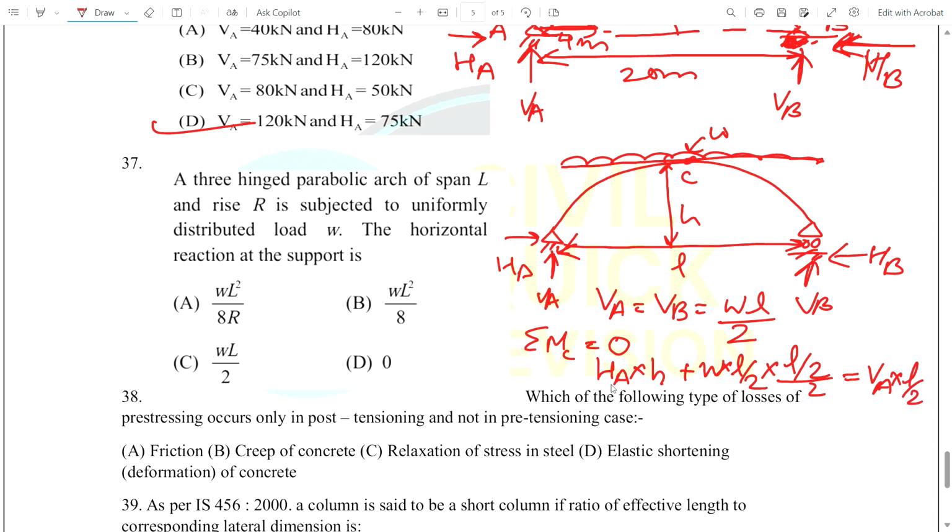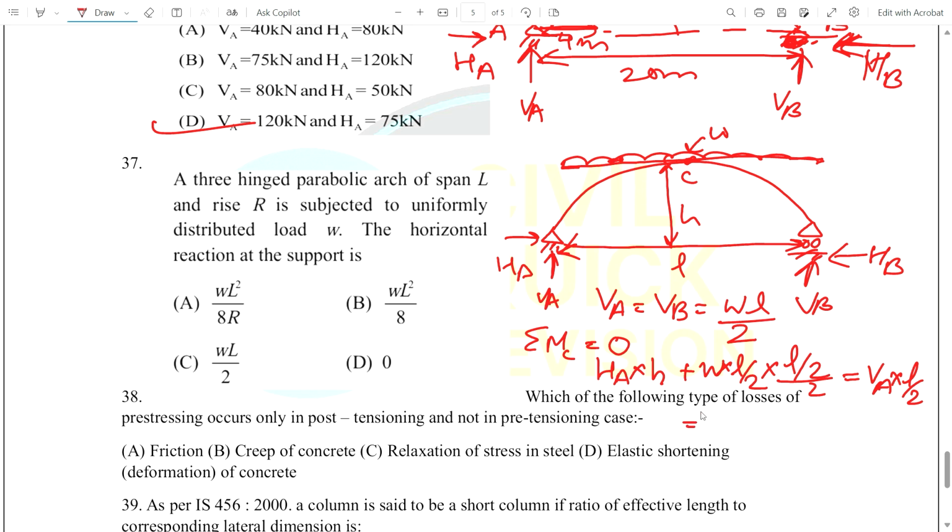Here we have taken HA into the height up to point C, then we take the UDL, W into L by 2, the half distance, and again half of that, because the concentrated load acts at the centroid of the UDL. That is why we calculated it like this, equal to VA into L by 2.